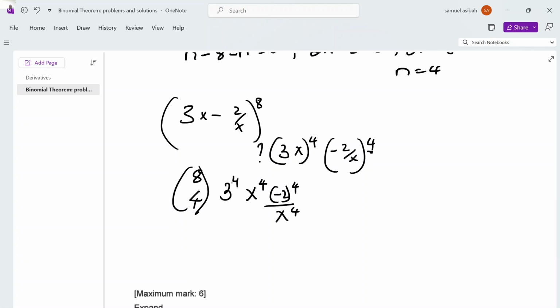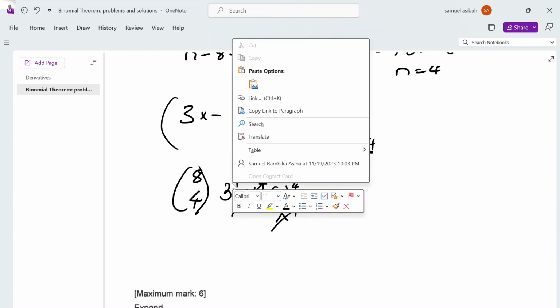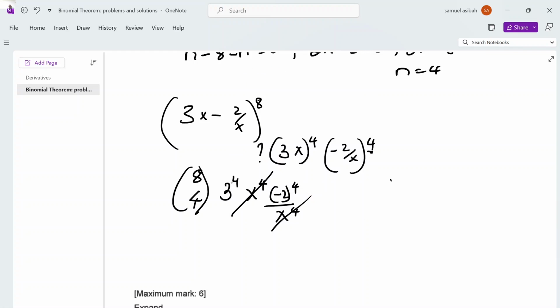Now you see when it is like this, the x cancels out. That is what we are talking about, the constant term. When it cancels out, what remains? It remains a constant number. So we have 8 combination 4 here, 3 to the 4 is 81, and 2 to the 4 is 16, times 16 there.